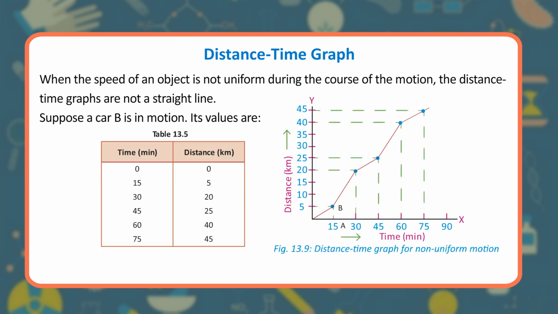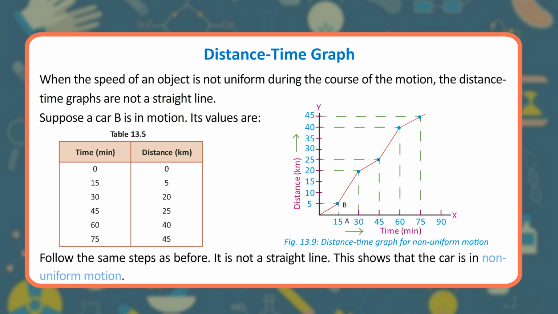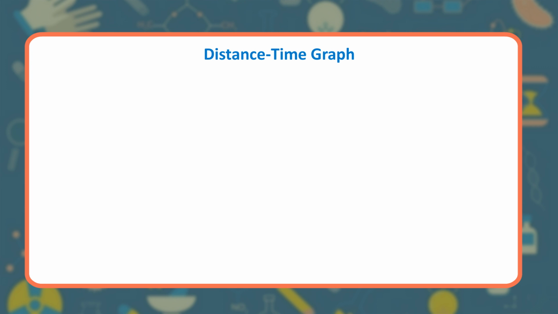Its values are: table, time in minutes, distance in km: 0, 0; 15, 5; 30, 20; 45, 25; 60, 40; 75, 45. Follow the same steps as before. It is not a straight line. This shows that the car is in non-uniform motion.